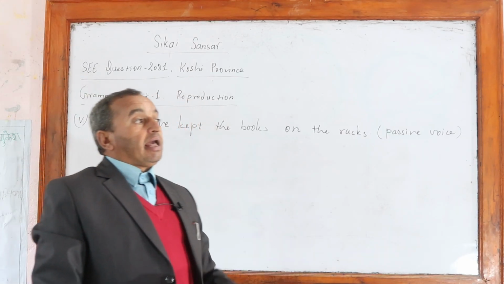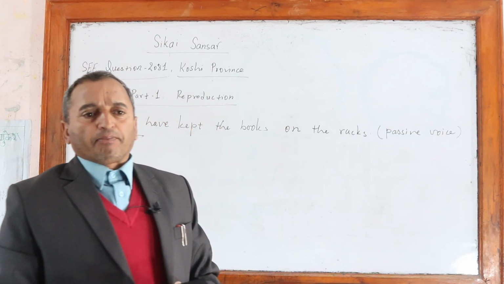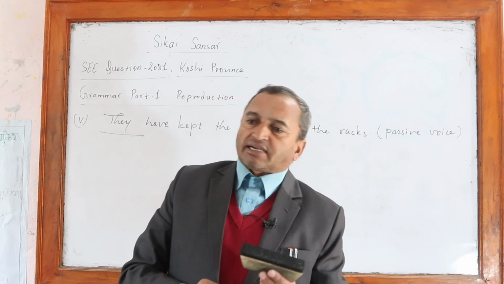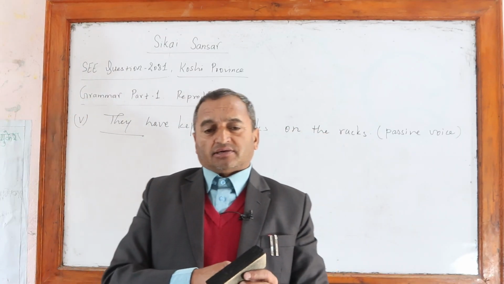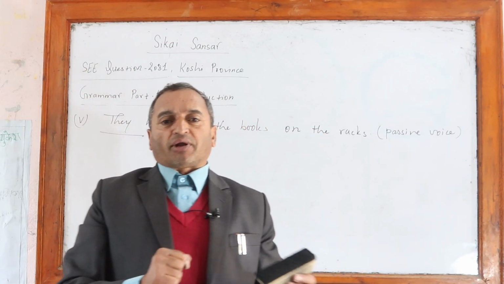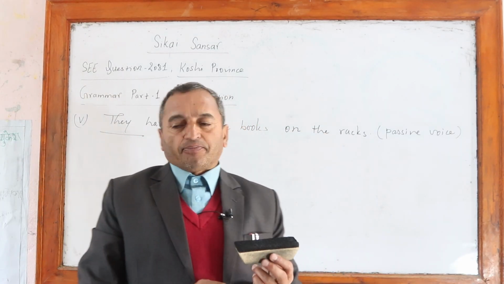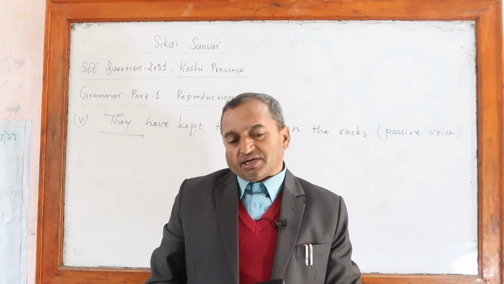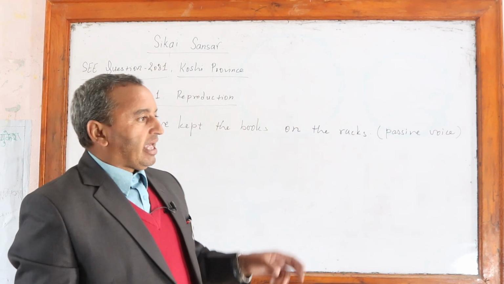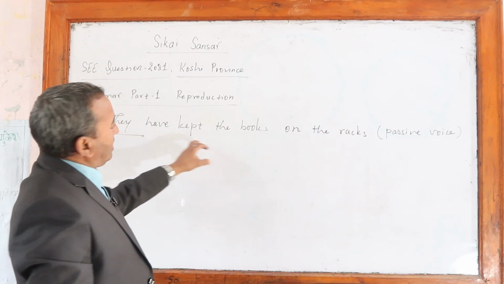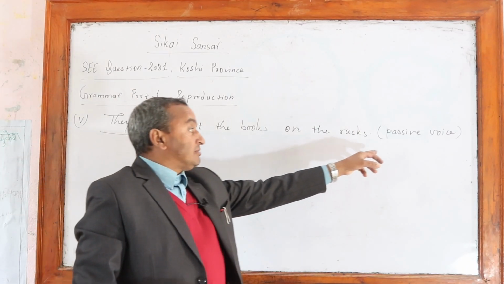Another form of voice is passive voice. We say that type of voice passive, in which no agent is important, but the action is important. So altogether there are two types of voice, active and passive. And here active voice is given, and we have to change it into passive.